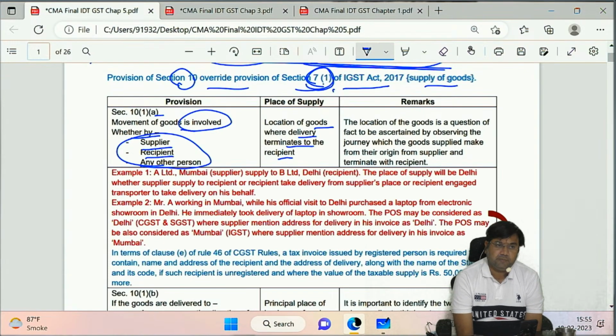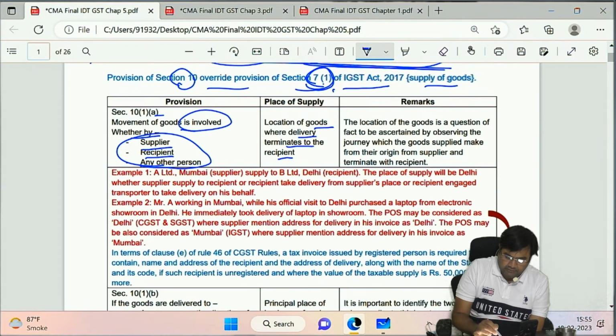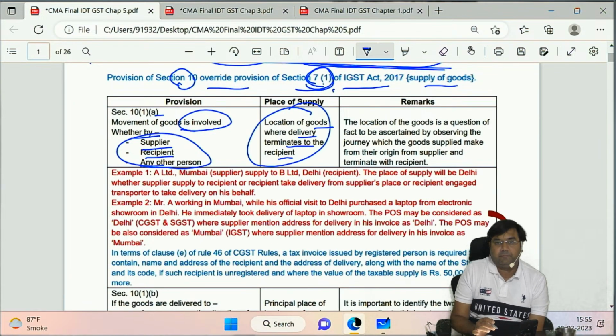So section 10 subsection 1 clause A says, if there is a movement of goods, the movement can be done by anyone. That is irrelevant here. Who does the movement is irrelevant; movement is there, and in that scenario the place of supply is going to be the location of goods where delivery terminates to the recipient.